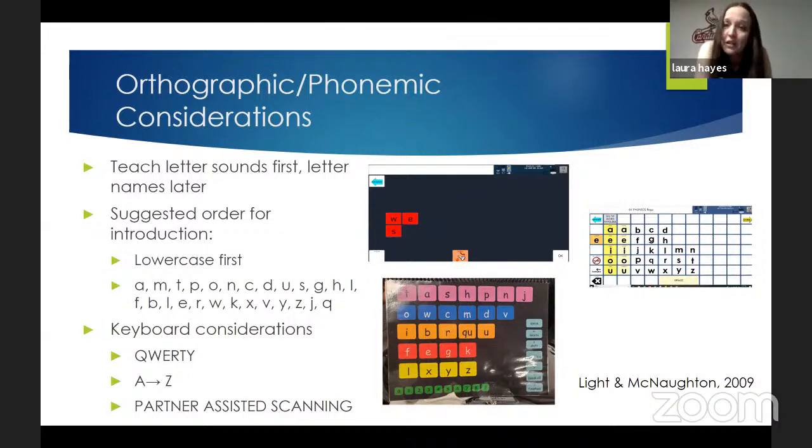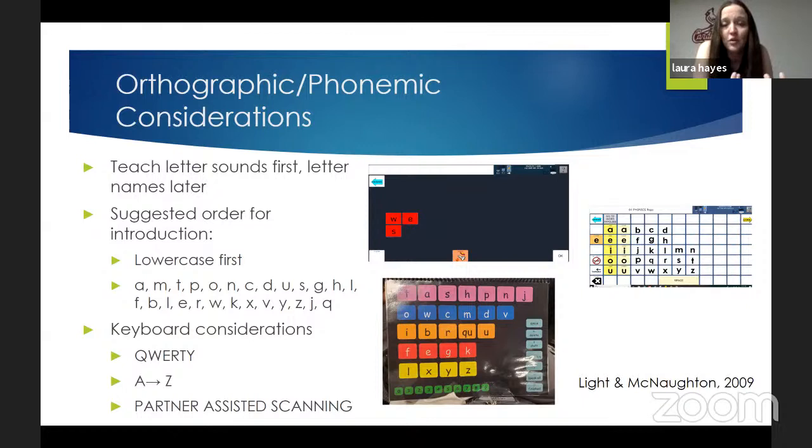So knowing that there are different keyboard styles and knowing that we want to support our kiddos from emergent levels all the way up to independence, I personally don't like to use an A to Z keyboard for the majority of my kiddos that are on high-tech devices, because I know that a lot of systems out there will shift to a QWERTY keyboard.